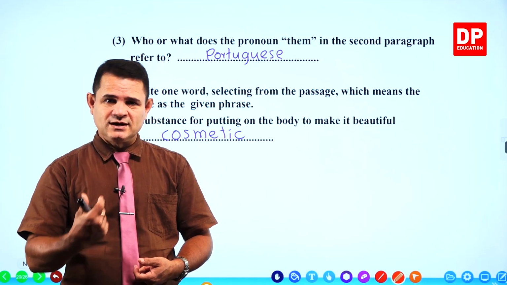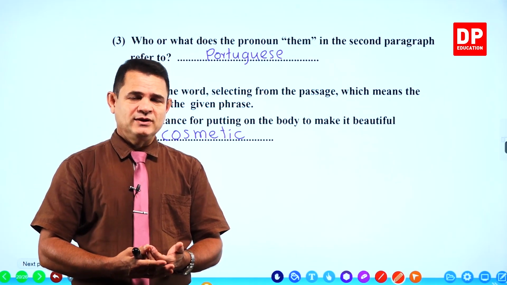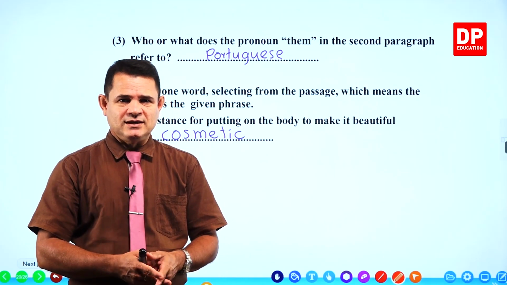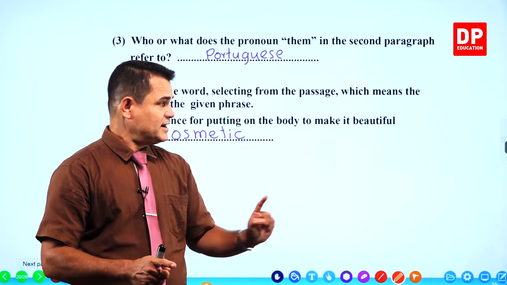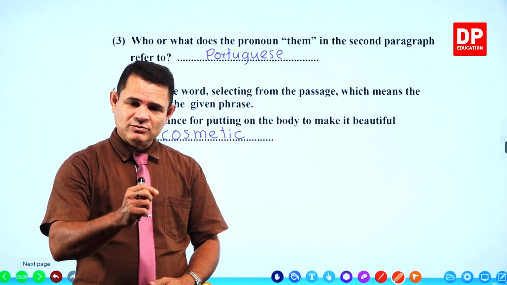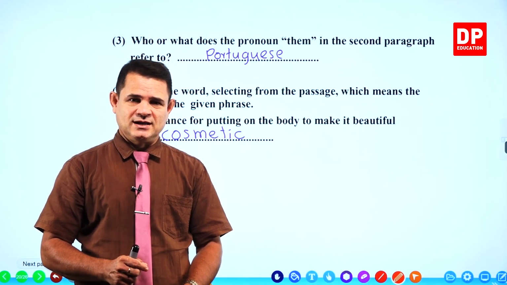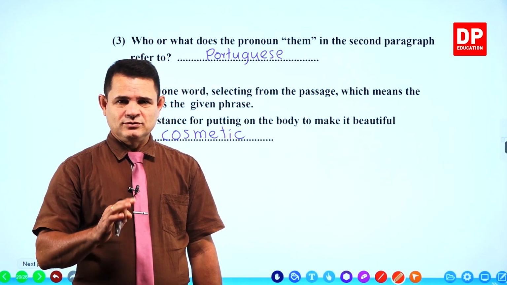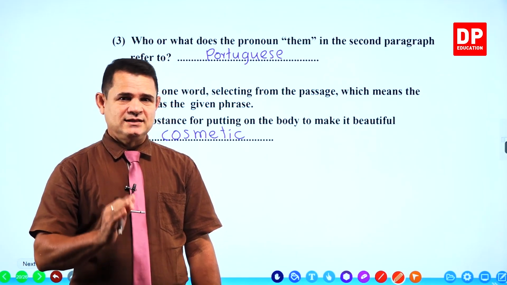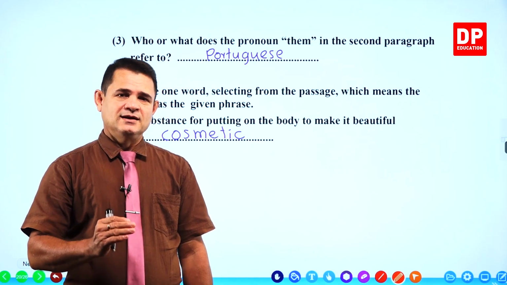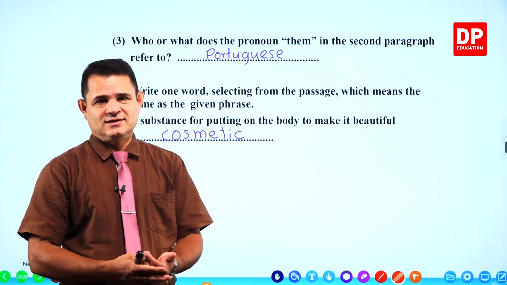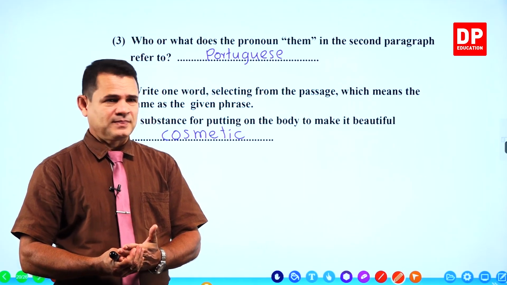Even if you don't know the Sinhala meaning, you can find the answers. So the first thing is that you have to understand the question correctly, and then definitely the answer is there in the text given.